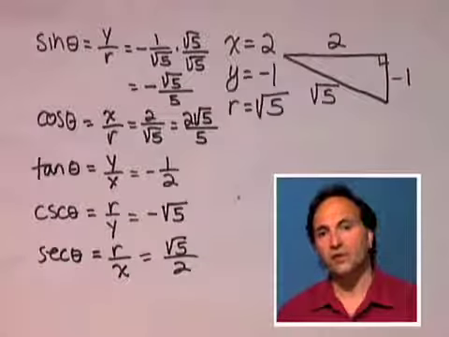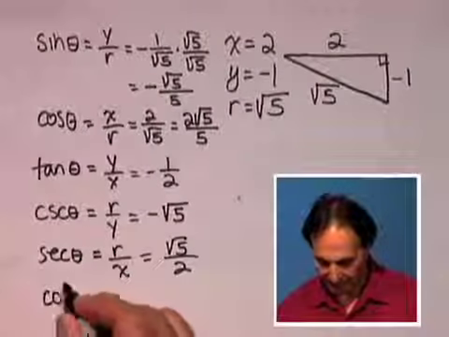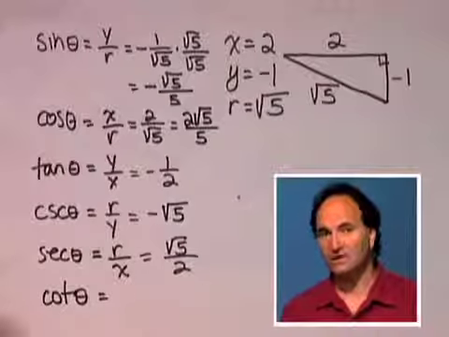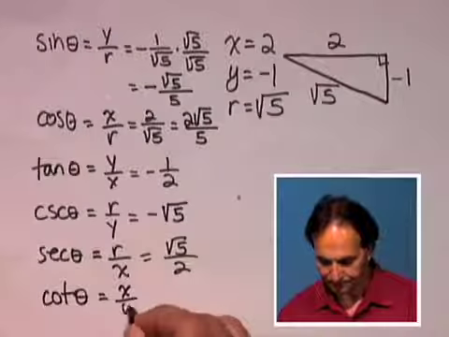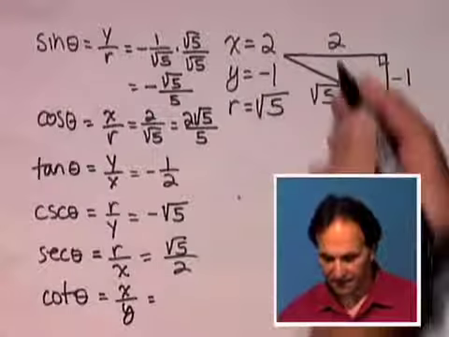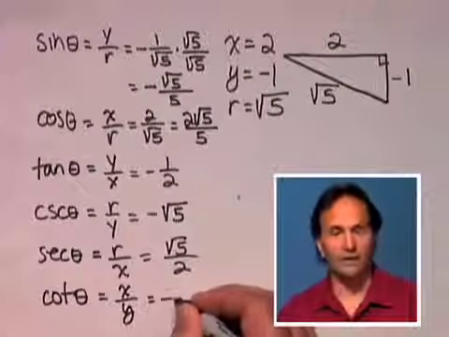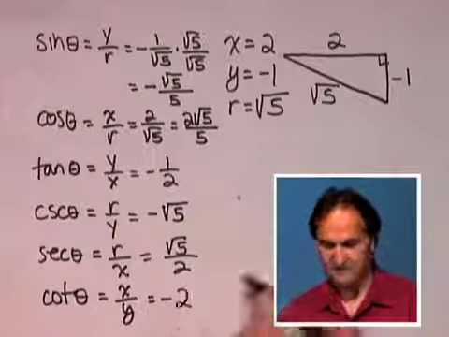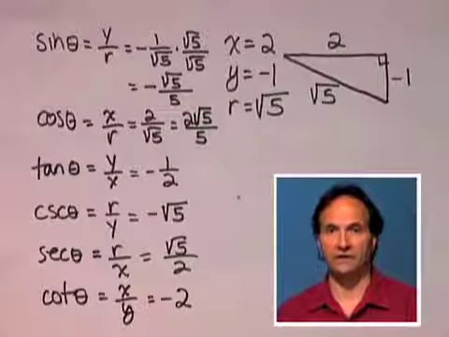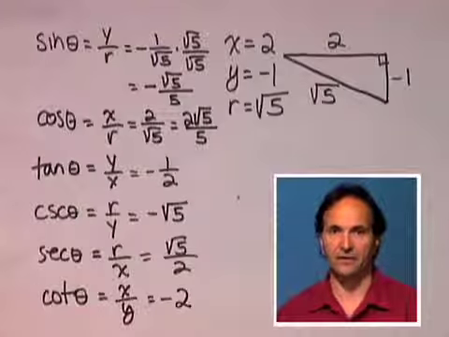And finally, for cotangent theta is x divided by y, so that would be 2 divided by -1, and when we simplify that, it's -2. So those are the values of the 6 trigonometric functions for the angle theta.